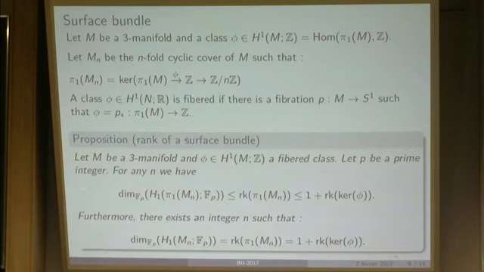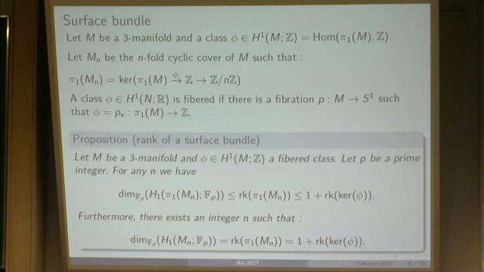And then you have what I just showed. If you take a fibrate class, then 1 plus the rank of the curve phi, which is twice the genus of the fiber, is smaller or equal to the rank of the bundle, which is bigger or equal to the dimension of this homology group.